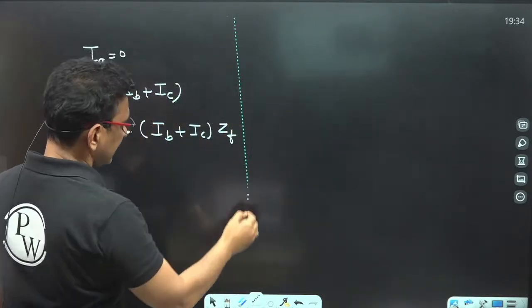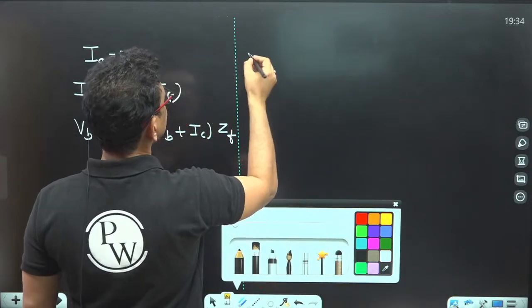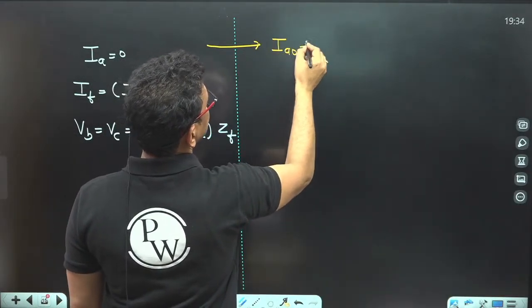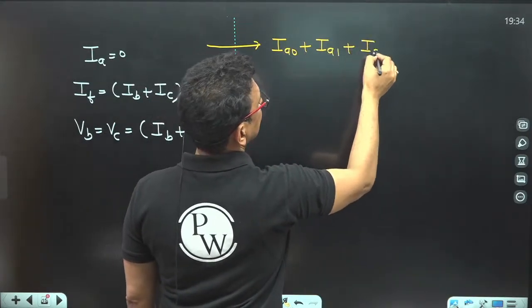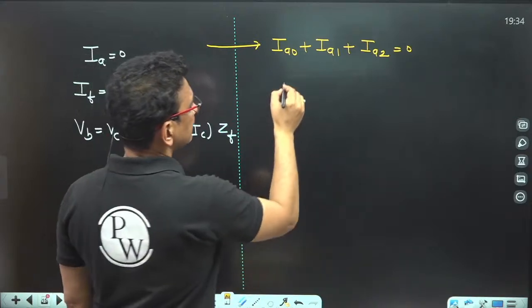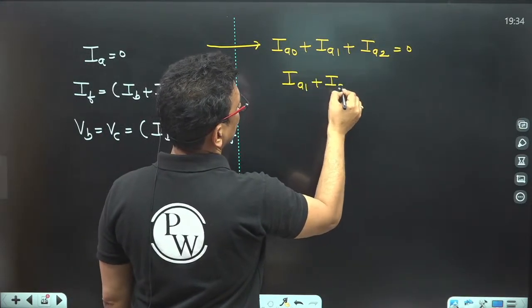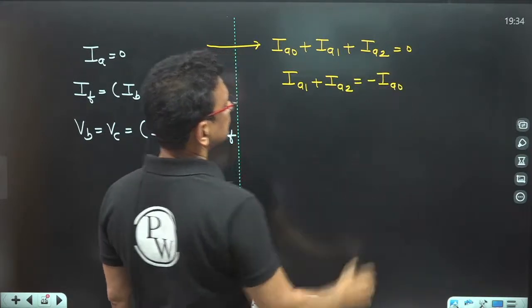Now, as we know, IA is zero. What does it mean? IA0 plus IA1 plus IA2 is equal to 0, or you can say IA1 plus IA2 becomes minus IA0.